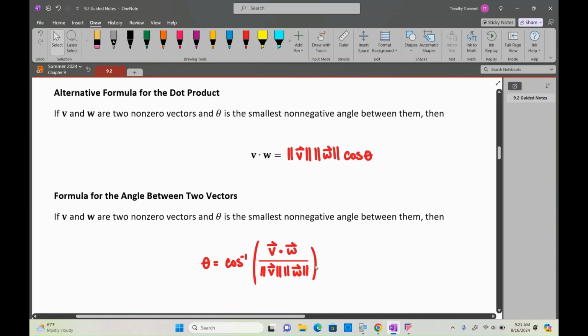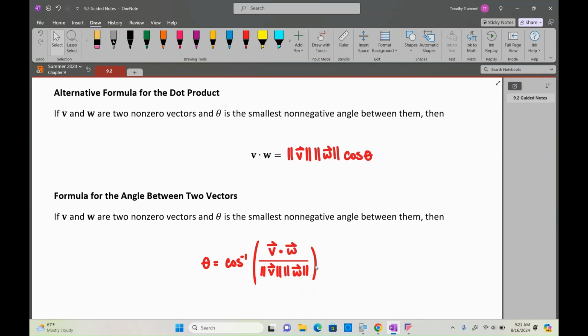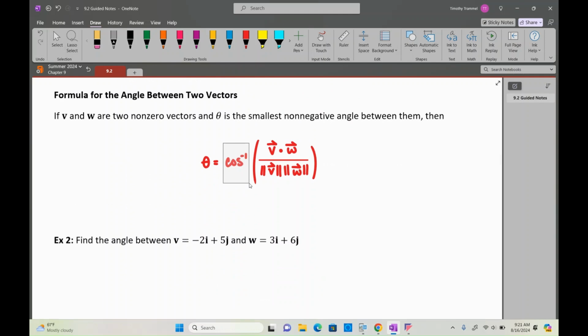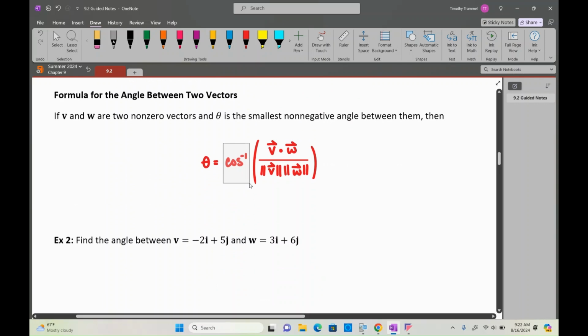So again, we have a formula for doing the dot product, and we have one for finding the angle in between two vectors. And it's actually really convenient that we're using cosine inverse rather than sine inverse or tangent inverse, because cosine inverse can actually give us angles from 0 to 180, while tangent inverse and sine inverse cannot.